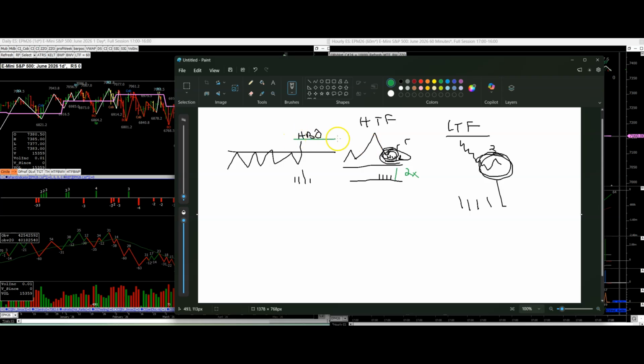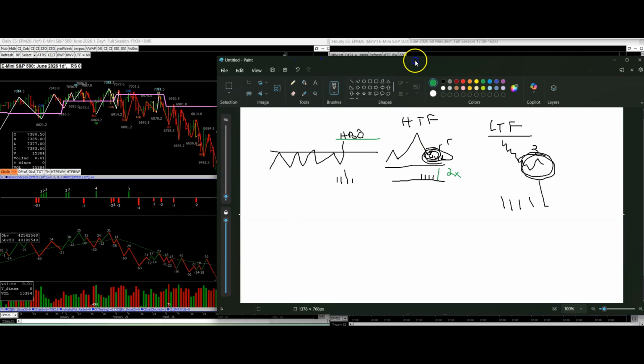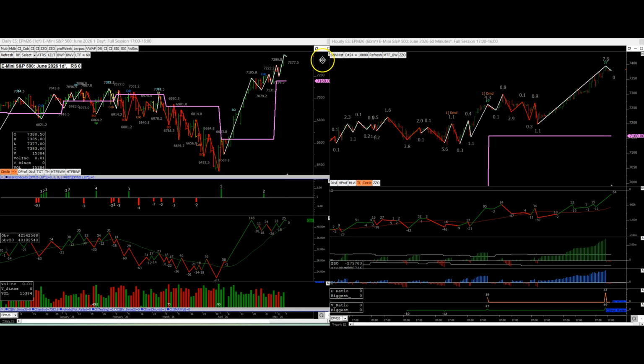We can get high volume breakouts, but we can't figure out where the hell the high volume reversal is without going to the lower time frame. So is there a way to see the high volume reversal? And the answer is yes. Now you need to be able to pull data from your lower time frames onto your higher time frame. And this is possible with some platforms.